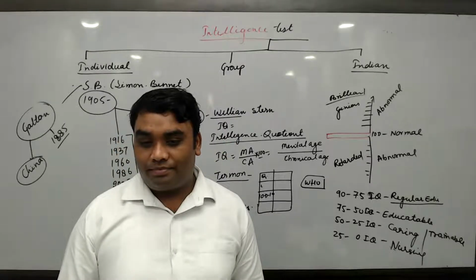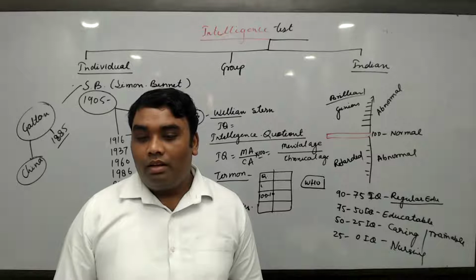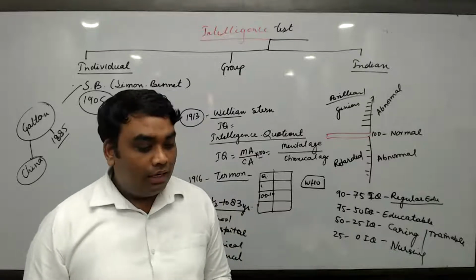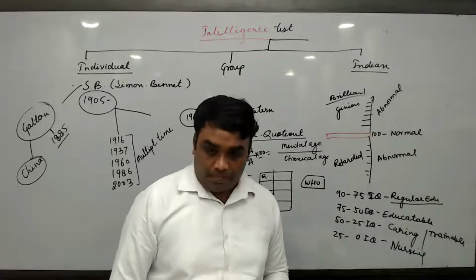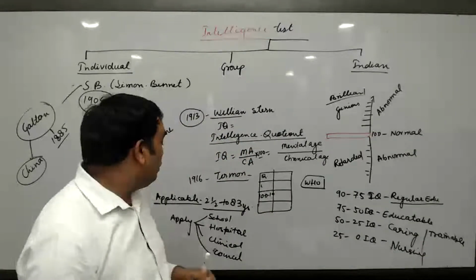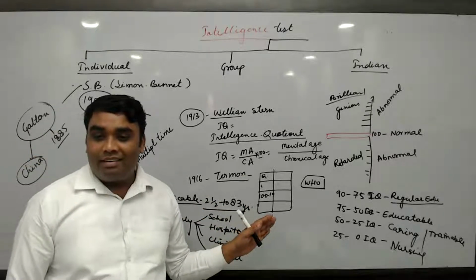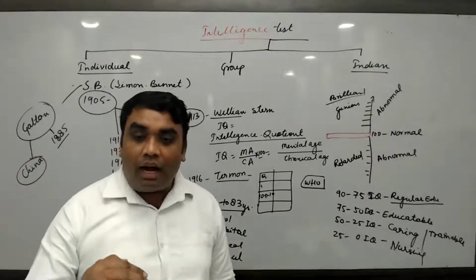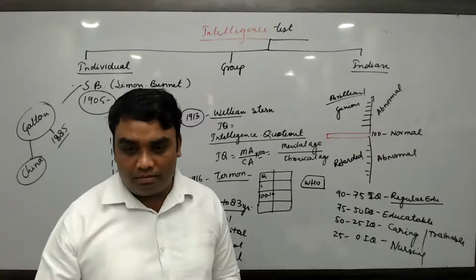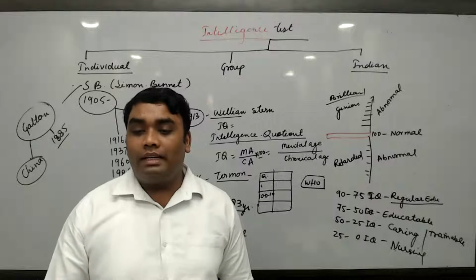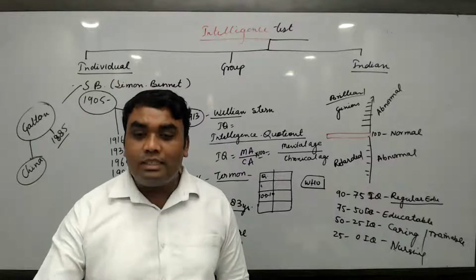Demerits. This test is not applicable to some age groups, like a person who is 2.5 years, 5.5 years, or 7.5 years; in that case it is not applicable.